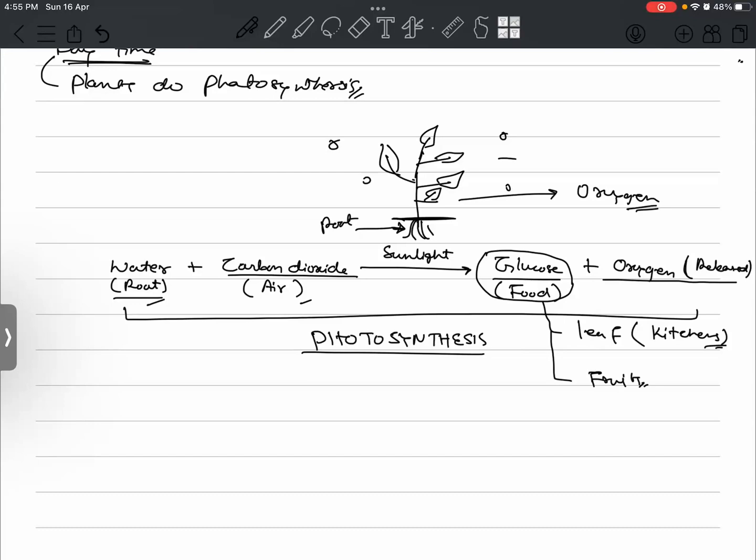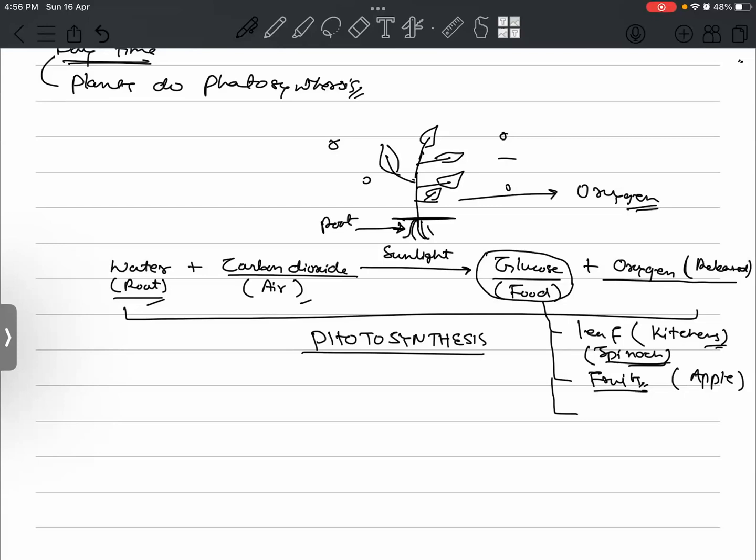So in a plant like apple, this glucose is later on stored in the fruits. If we consider spinach, palak, in spinach the glucose is stored in the leaves, and there are some plants whose roots are eaten.